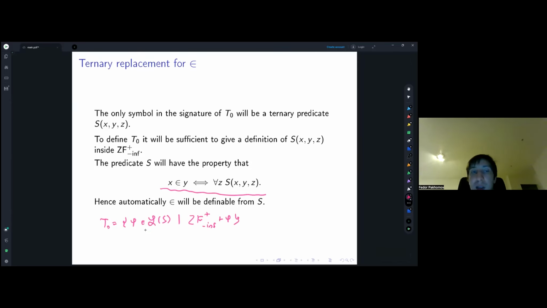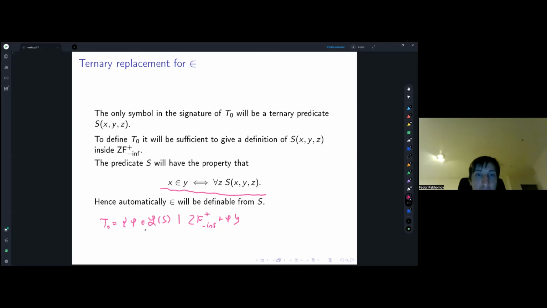This is definitionally equivalent to ZF minus inf, because in one direction you go by the definition of membership, and in the other direction we are just taking the definition of S inside ZF minus inf. So this is how the construction is done in general terms.